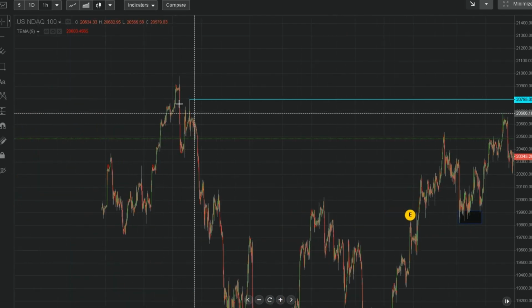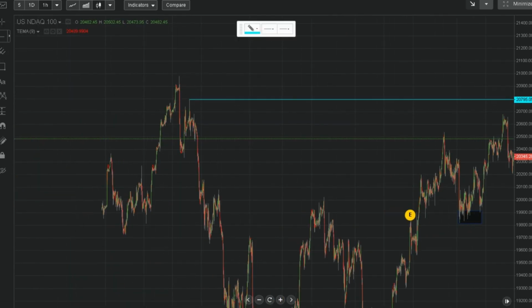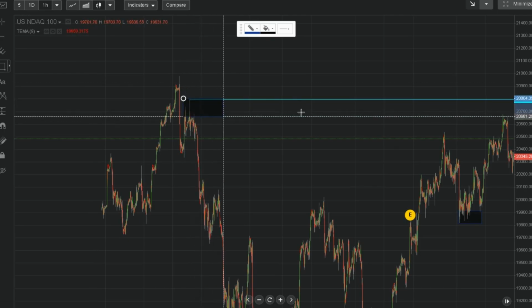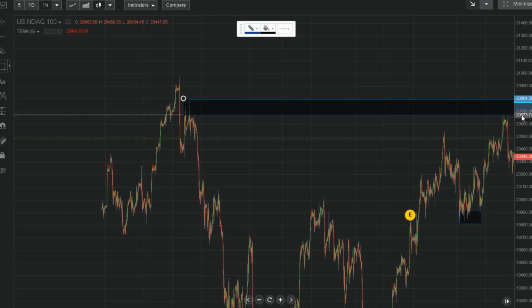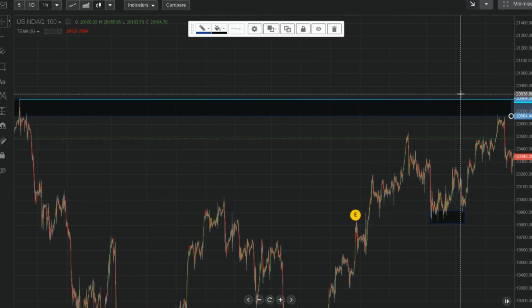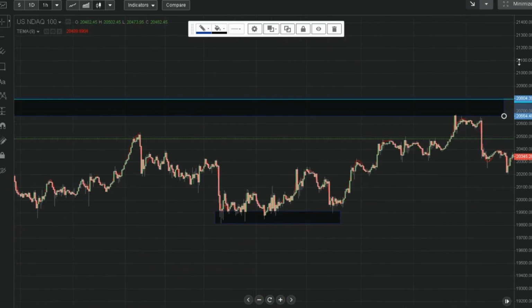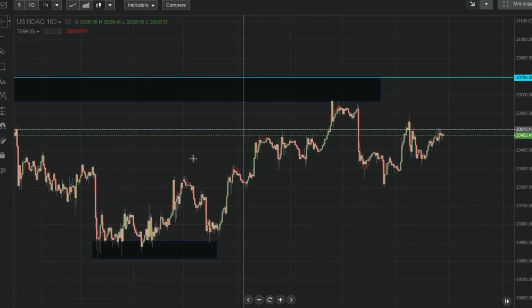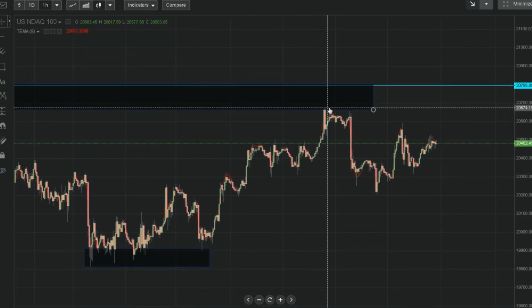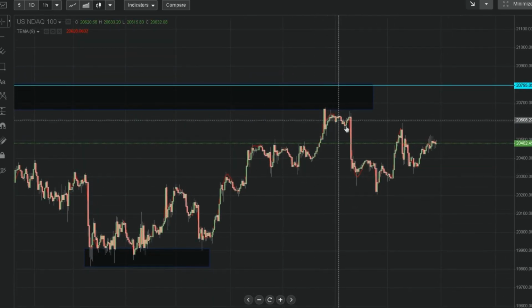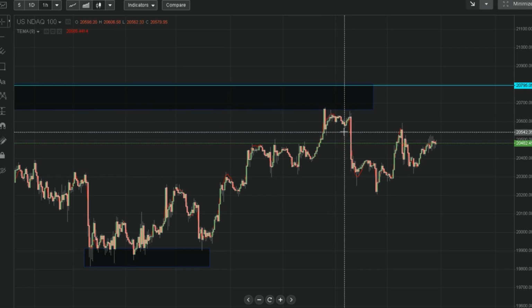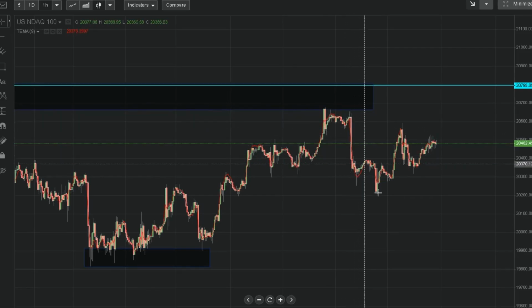This whole level is liquidity here. And as you can see, when price tapped into this level, it got reversed. It tapped into it a second time, a third time, broke the structure, and goes down.